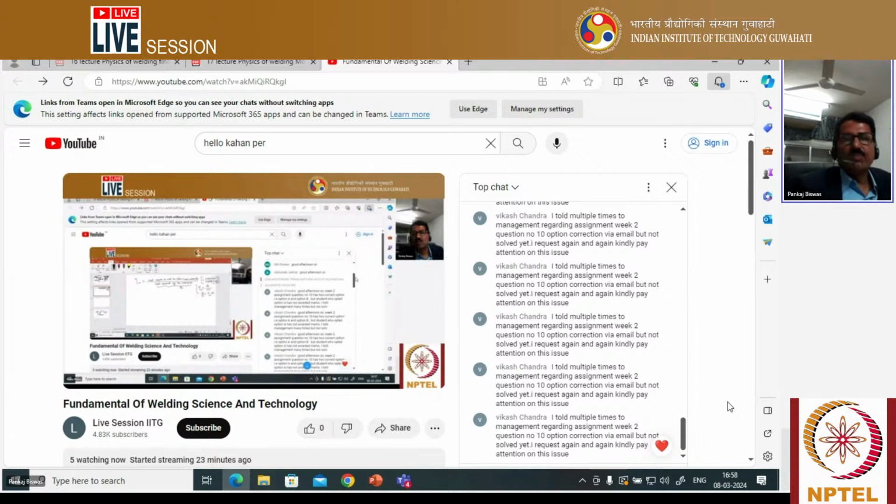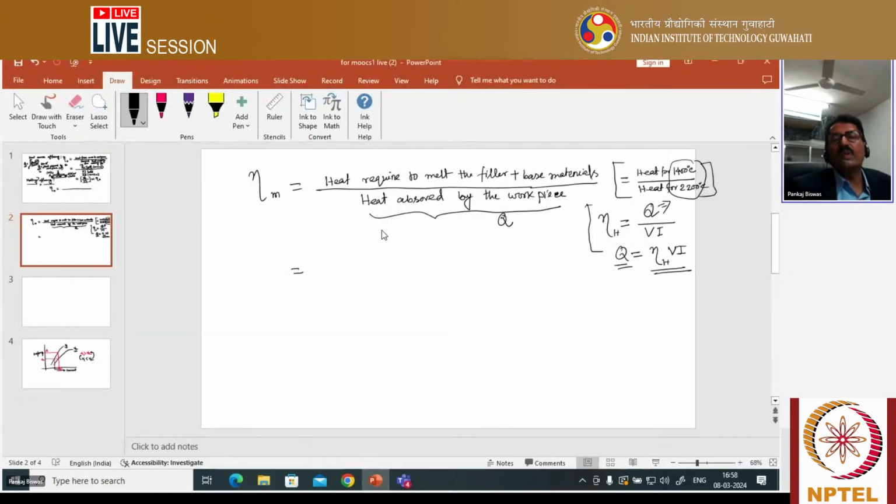So you see, I was discussing melting efficiency. How can we calculate it? For calculating melting efficiency, let us consider that after welding you got a weld bead which looks like this.